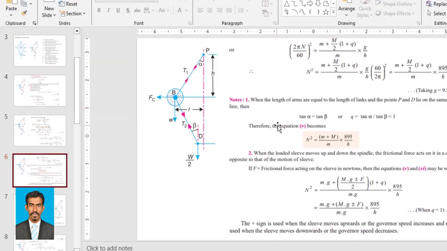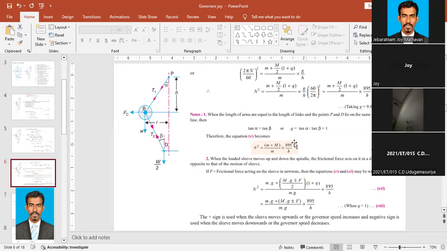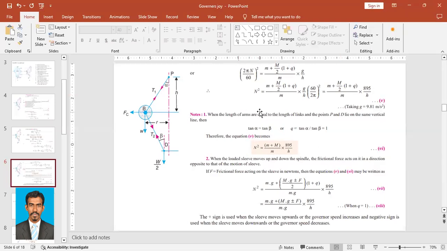Therefore, equation 4 will become N squared is equal to small m plus capital M upon small m into 895 upon h. The 2 and this 2 will be cancelled out, since Q is 1 and we already have 1 plus 1, which is 2. So the equation takes this modified form if Q is equal to 1.